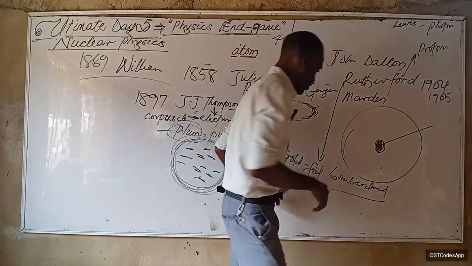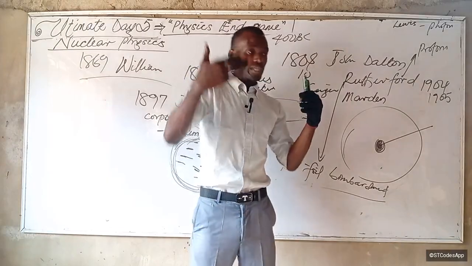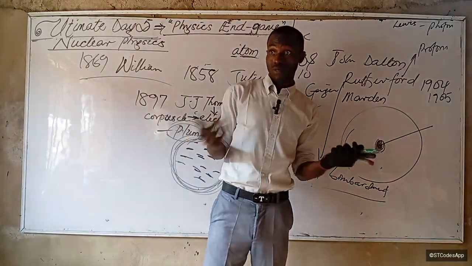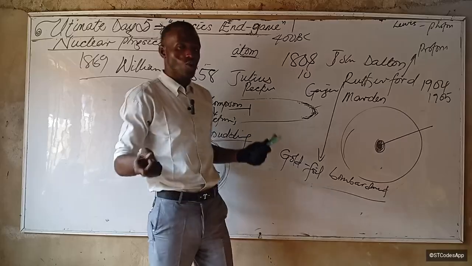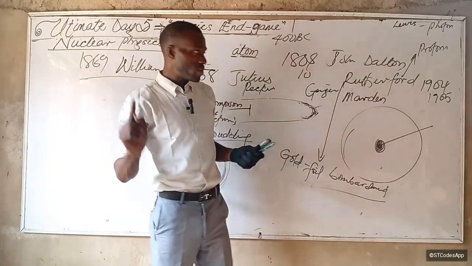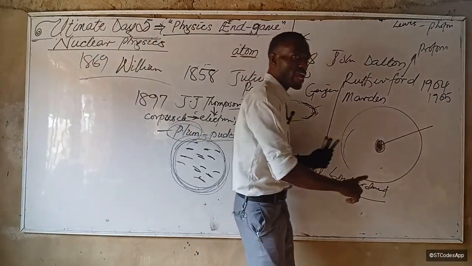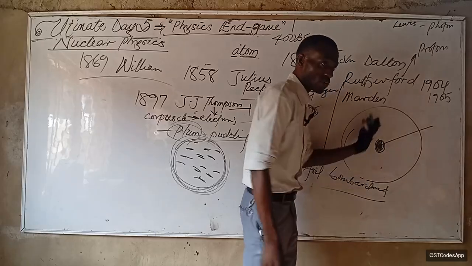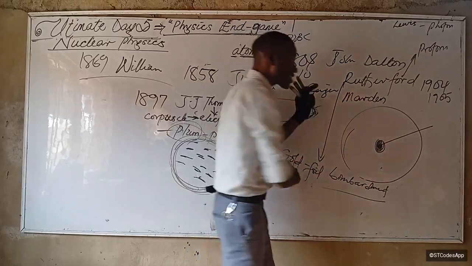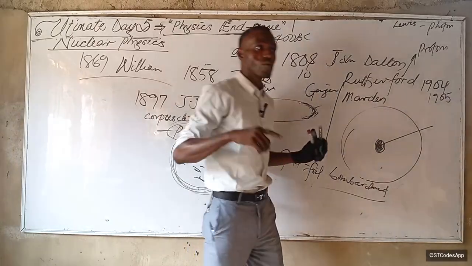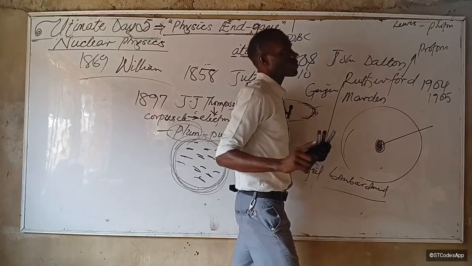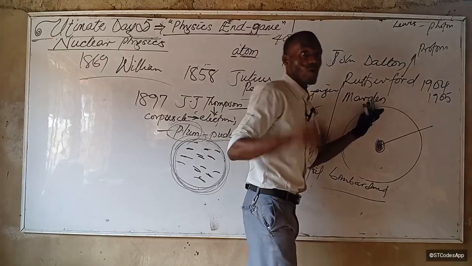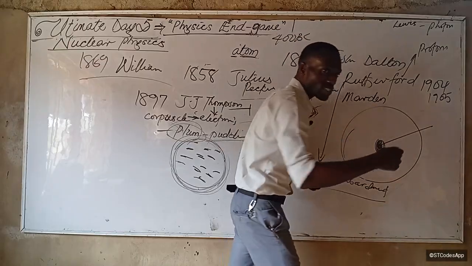Now, they bombarded that gold foil with alpha particles. You know, alpha particles are positively charged. What they discovered was that some were deflected, some passed straight through undeflected, while some were repelled at the center.